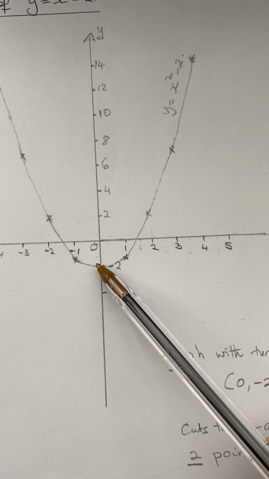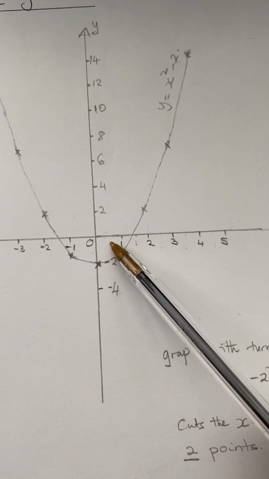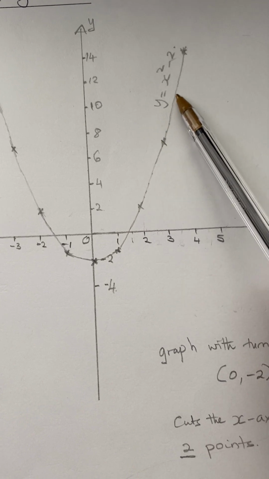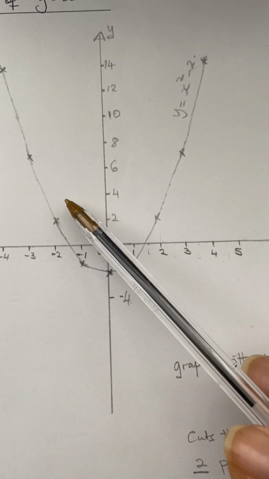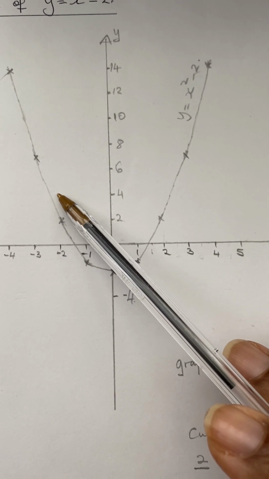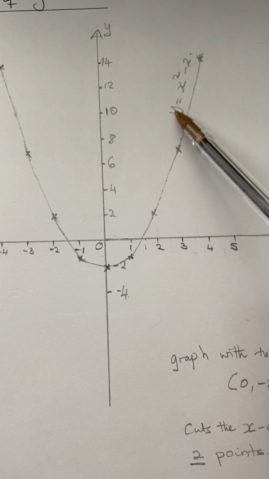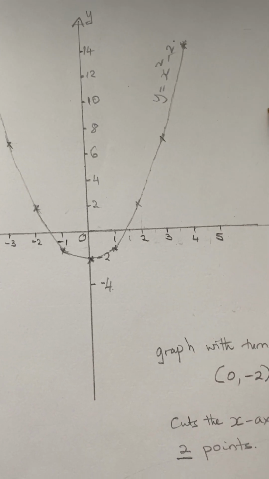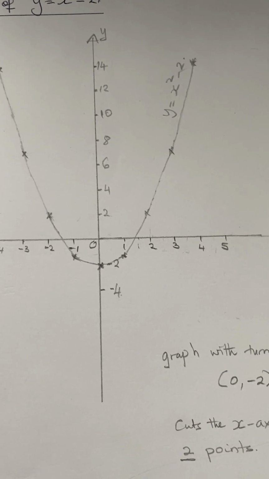The turning point is where the graph turns round and goes back up. So you might even have a quadratic graph that goes up and then turns back down with another turning point, like waves.